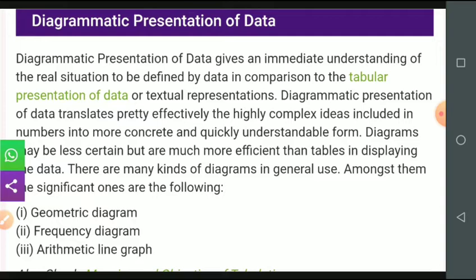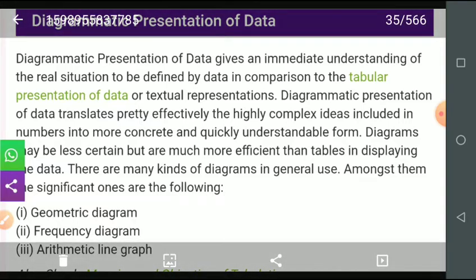Diagrammatic presentation translates the highly complex ideas included in numbers into a more concrete and quickly understandable form. Diagrams may be less certain but are much more efficient than tables in displaying the data.